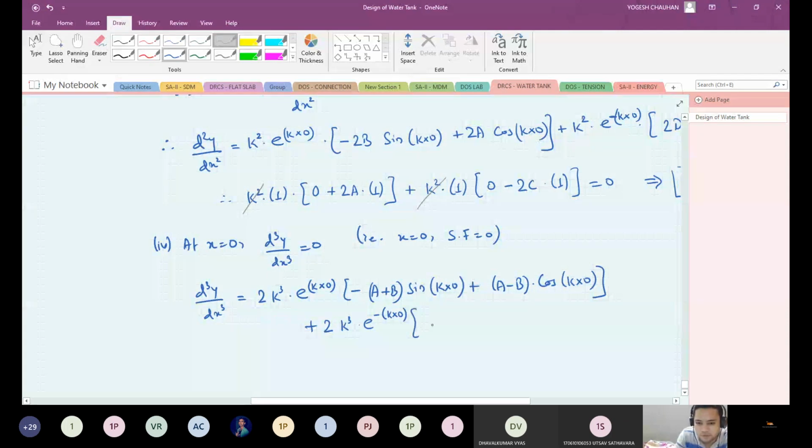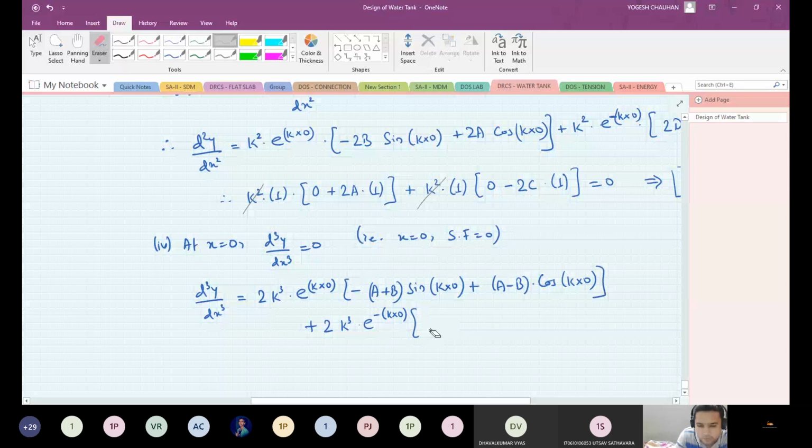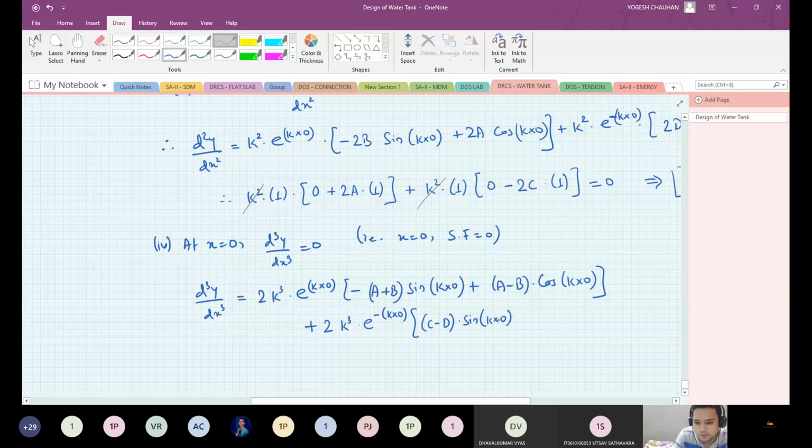It will be c minus d, c minus d into sine again k into 0, plus c plus d cos k into 0, and this is equal to 0. Okay, this is equated to 0 because your d cube y by dx cube is 0.